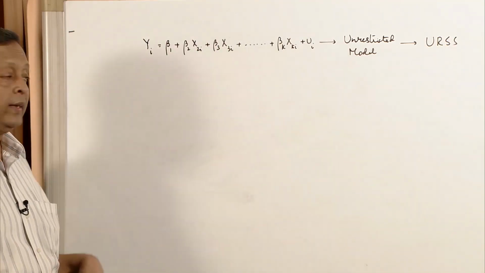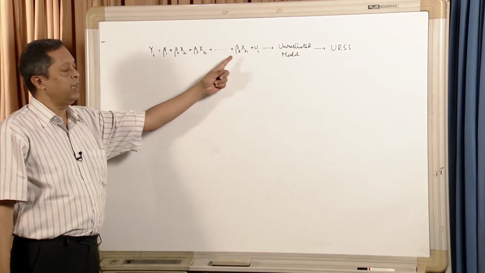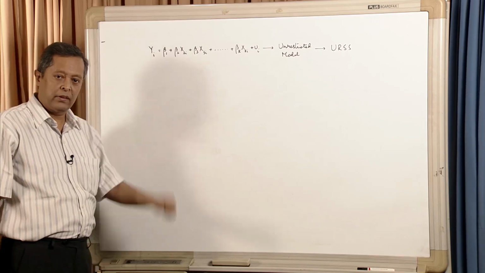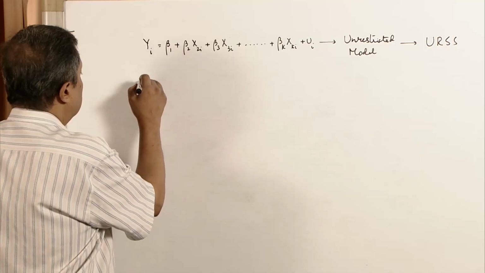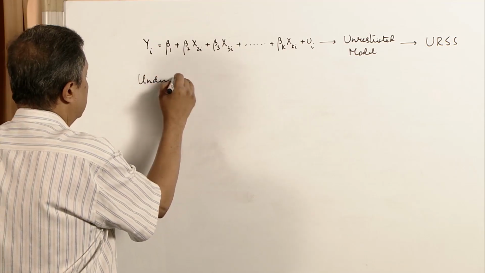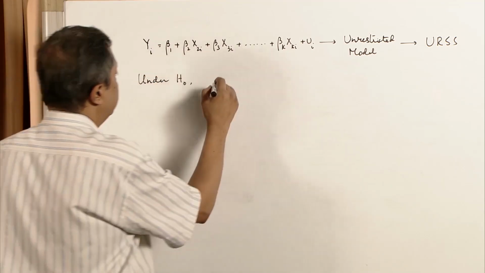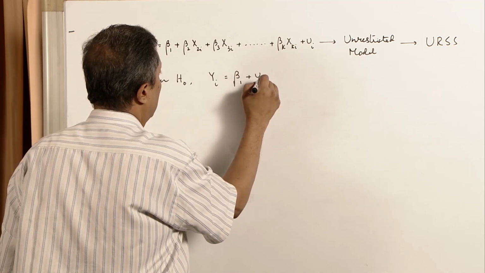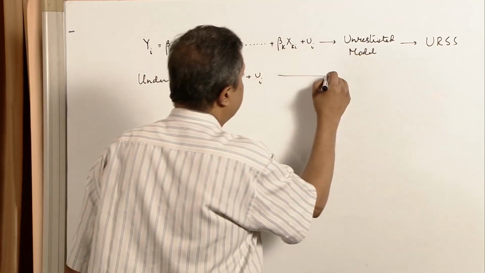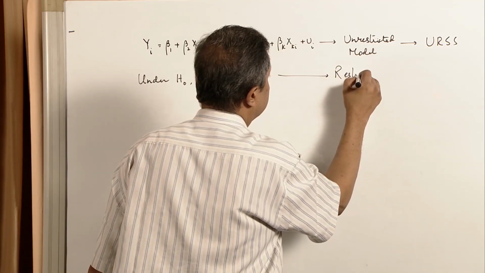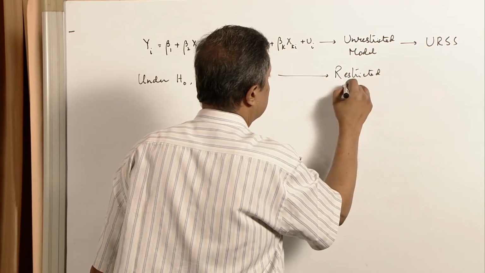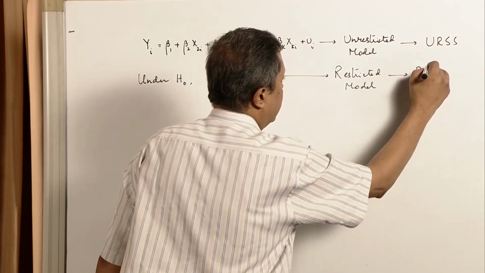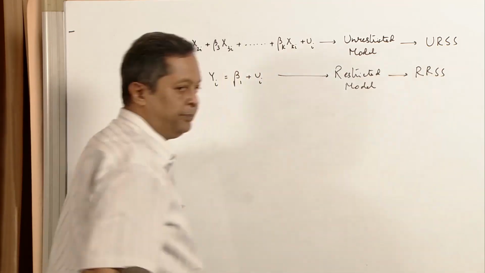If we now incorporate the restrictions, that means beta 2, beta 3, up to beta k are all equal to 0. So, in fact, y is not explained by any of these variables. So, under H naught, what do we have? y i is simply beta 1 plus u i. So, that is the restricted model. And this will give us the restricted residual sum of squares.